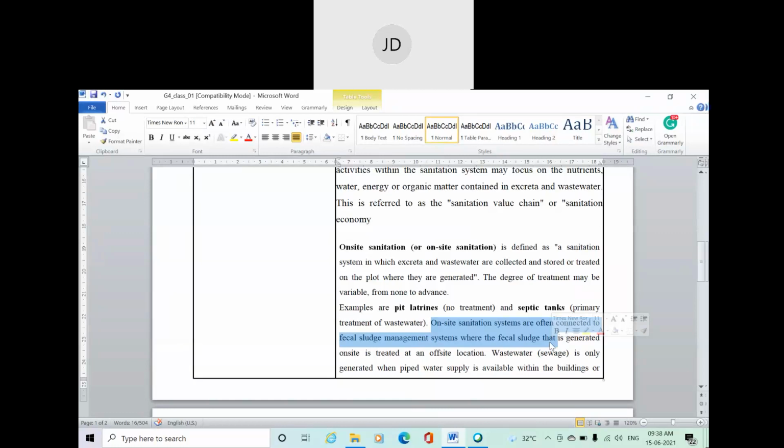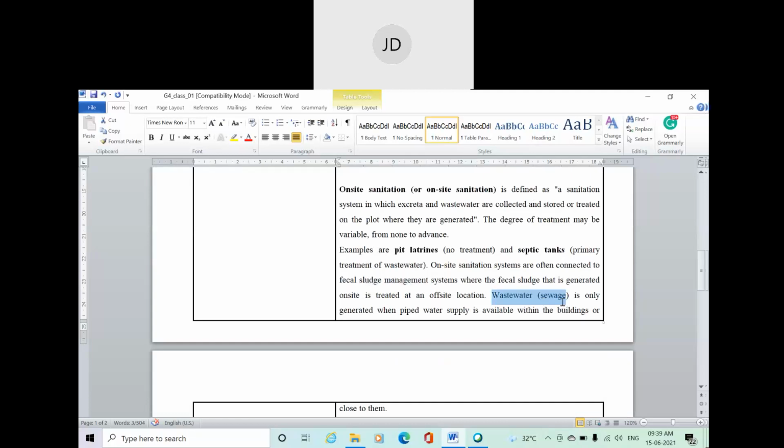That means when the solid waste is mixed with water, it produces fecal sludge. And this on-site sanitation system is often connected to a fecal sludge management system, where the fecal sludge generated on site is treated at an offsite location. Sometimes the fecal sludge can be transported to a different location for treatment.